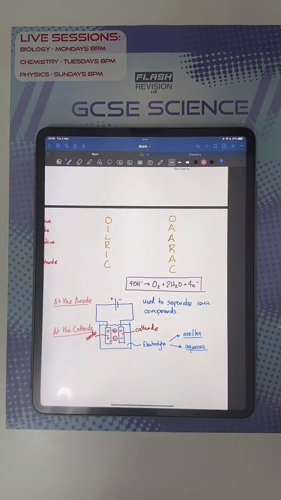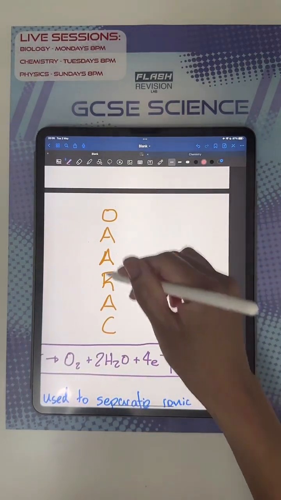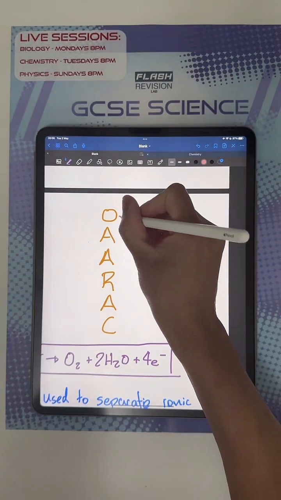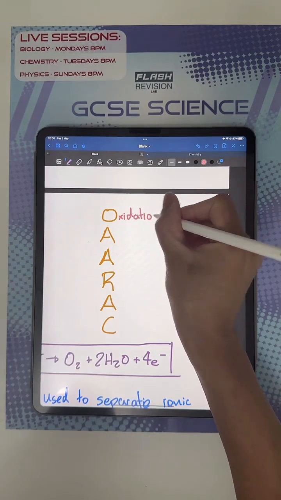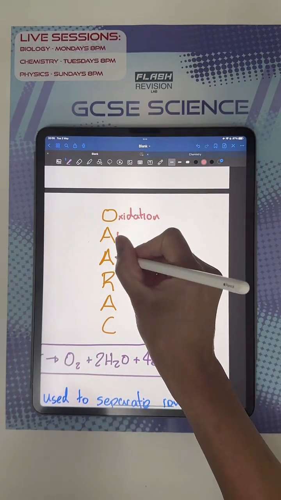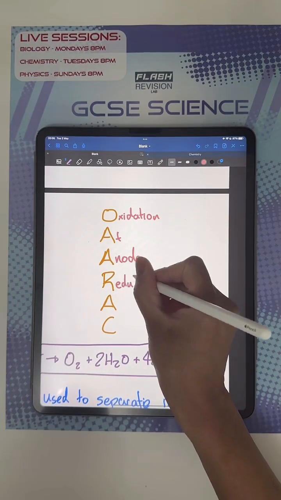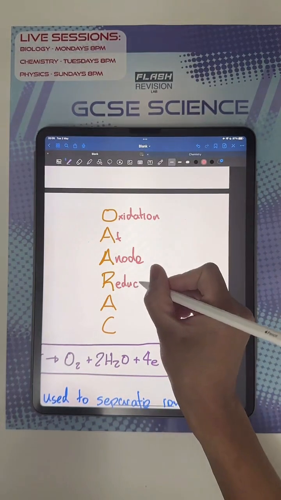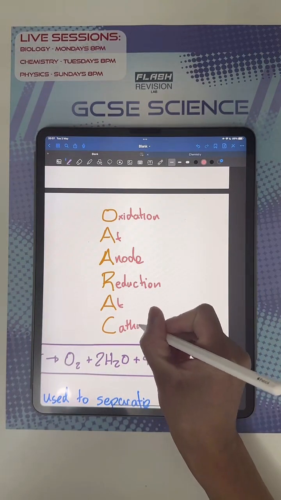At the anode, you have an oxidation reaction. That's what this is here for: OIL RIG... sorry, PANIC and ORAC, basically, if you want to remember it. Oxidation happens at the anode. Reduction happens at the cathode.